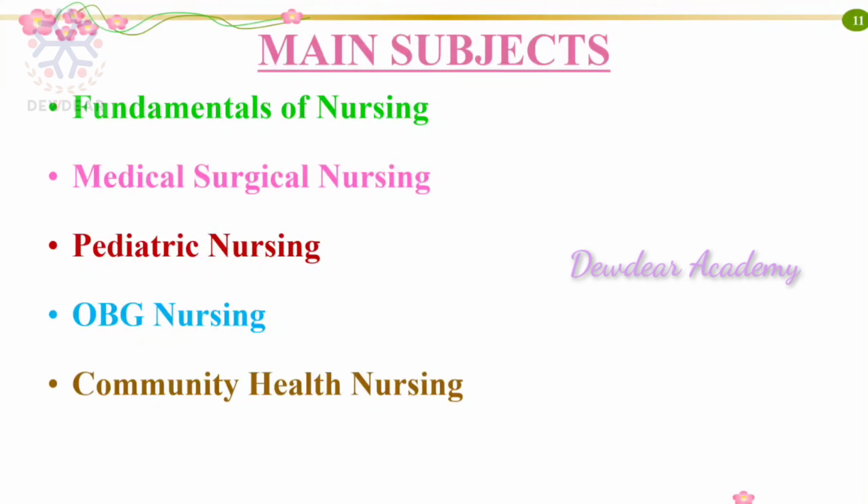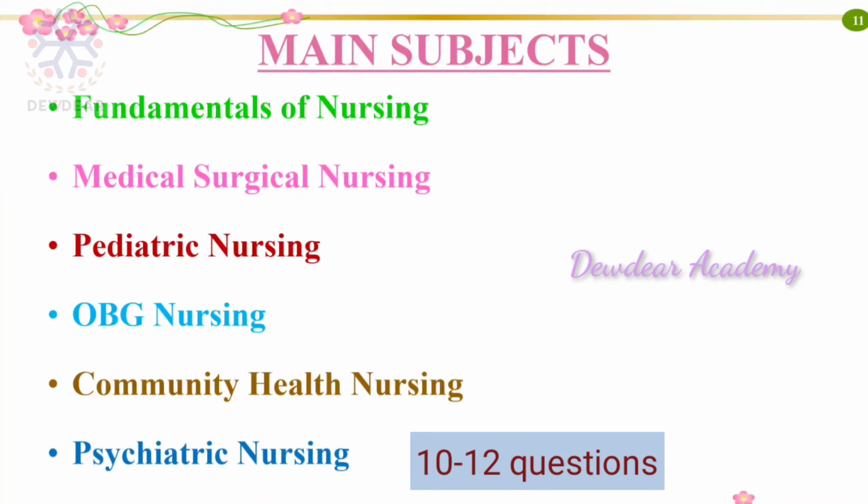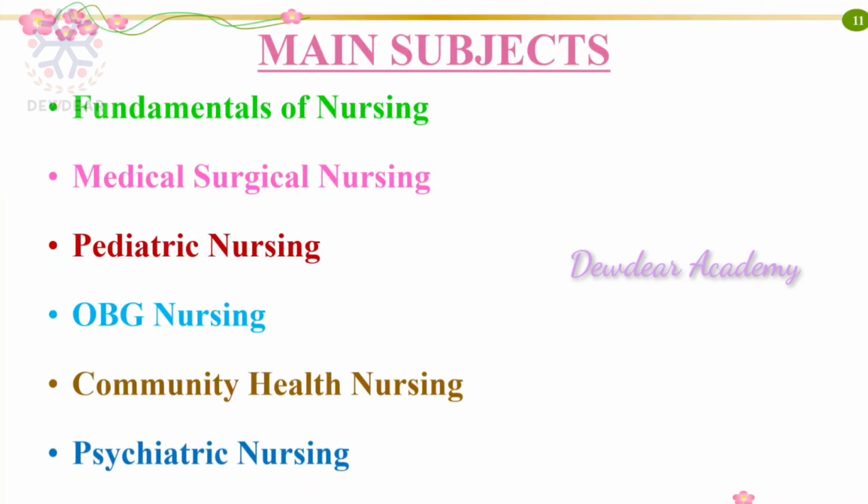Then in psychiatric nursing, about 10 to 12 questions can be expected, and the important areas are theories in psychiatry, then important terminologies and different personalities associated with psychiatric nursing, and the important years, then defense mechanisms, then different mental disorders like neurotic disorders, psychotic disorders, mood disorders, personality disorders, organic brain disorders, sexual dysfunctions, psychosomatic problems, all this can be included.